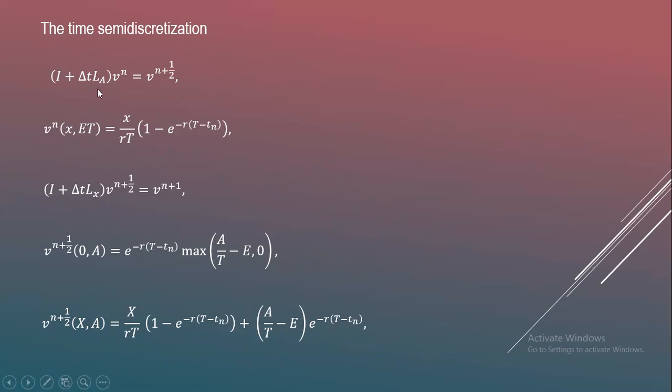So according to the ADI method, it works in two stages. In the first stage, the time is split from n to n plus half. Here is the first time level, first stage, time n plus half to n, and the left part is a tridiagonal matrix, and that's the boundary condition.